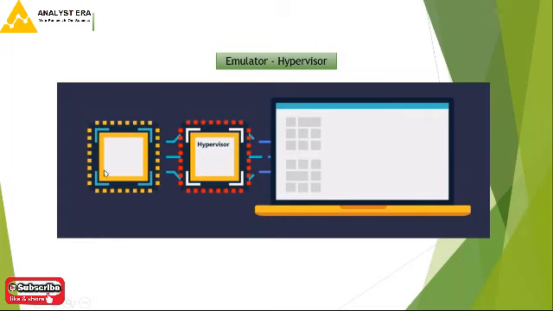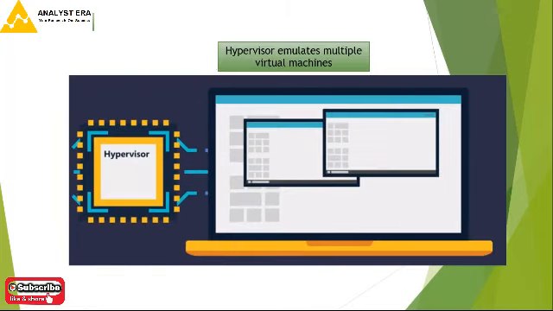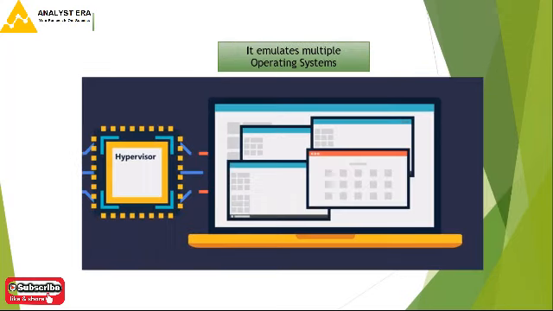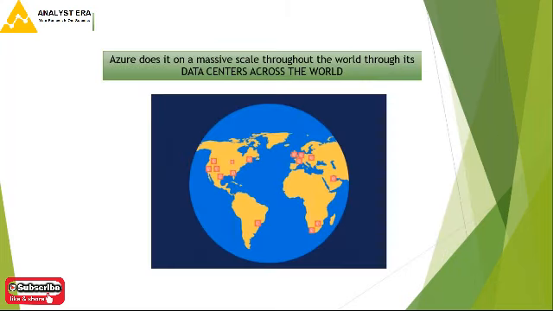It would map your virtual machine to your local box and manage your virtual machines. So you can have multiple virtual machines running on your system, and the hypervisor is the guy who is managing these virtual machines. It is emulating different operating systems. Microsoft took it to the next level.